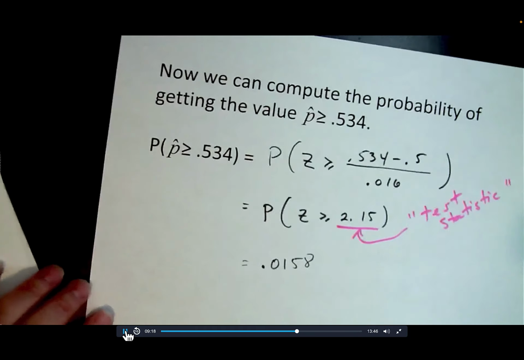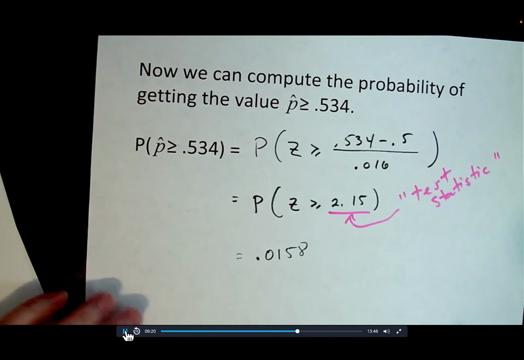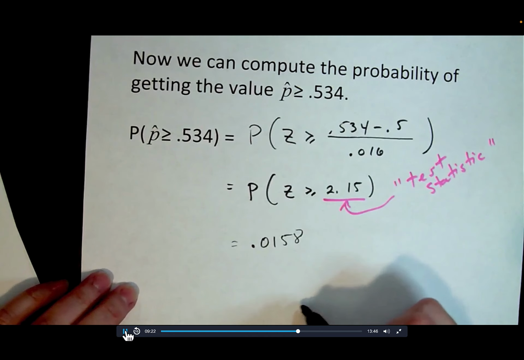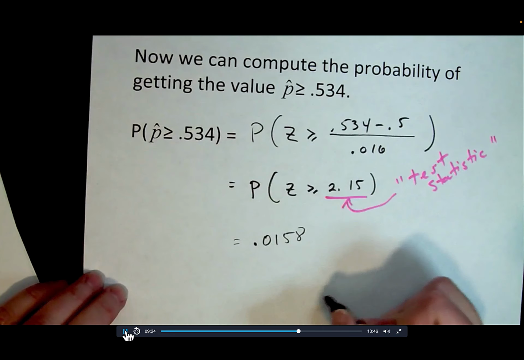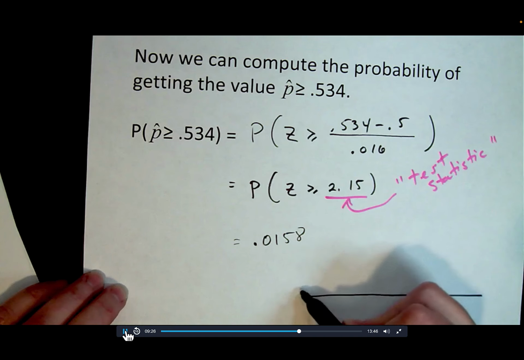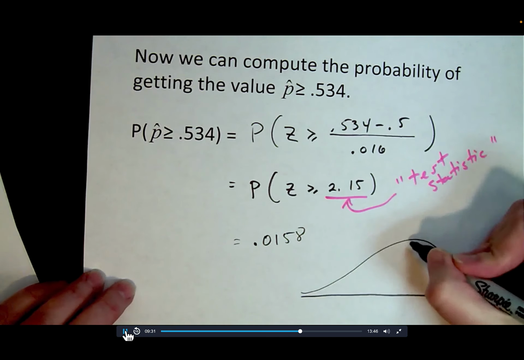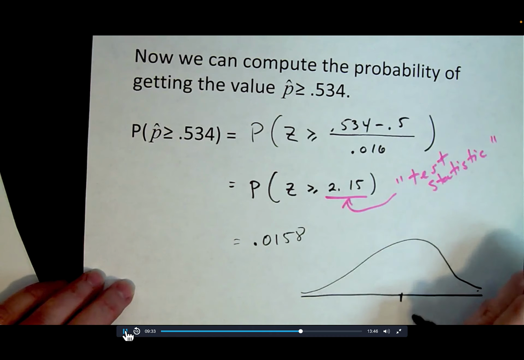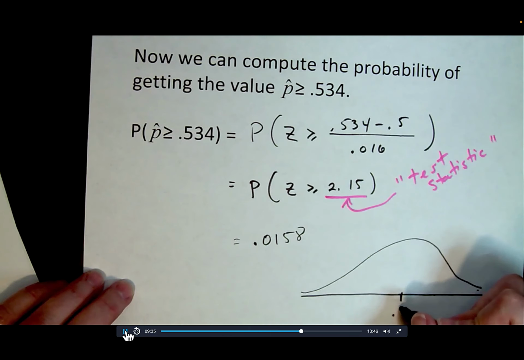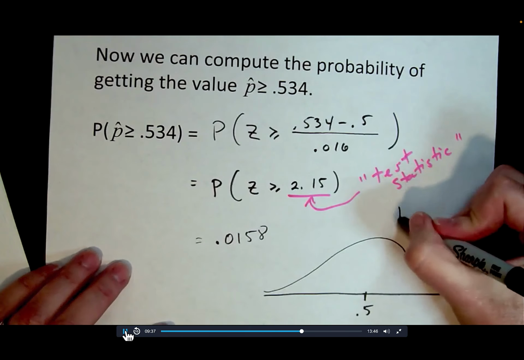So let me just put one more picture in here. What we've determined then is, going back to the p hat distribution, remember that's approximately normal, and the mean is, what did we say, 0.5. Okay, so this is p hat.